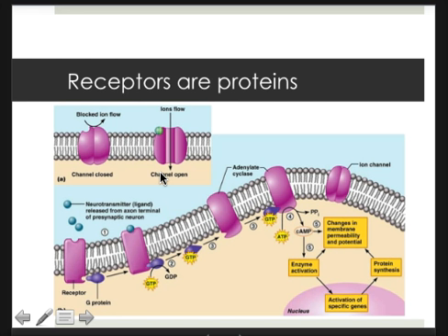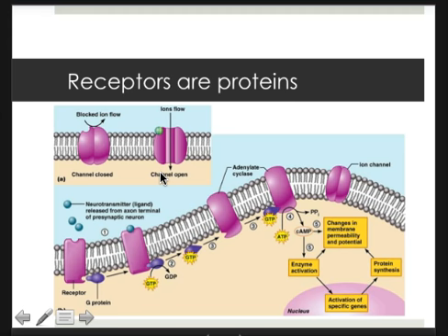So the excitatory ionic channel basically brings the neuron closer to its threshold for firing, for sending this electric current, and the inhibitory channels take it further away from that.